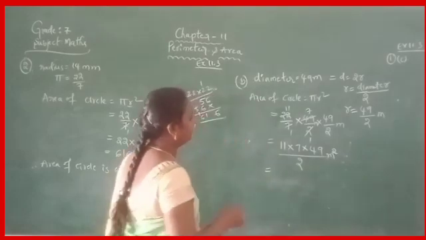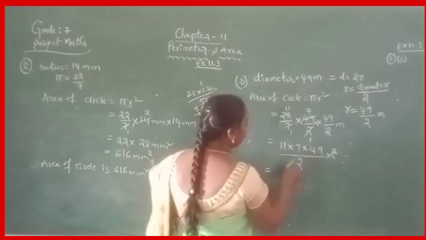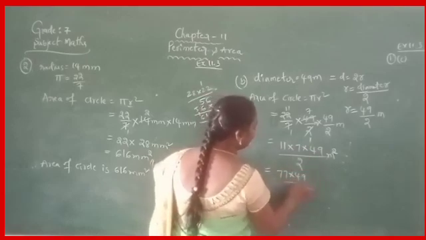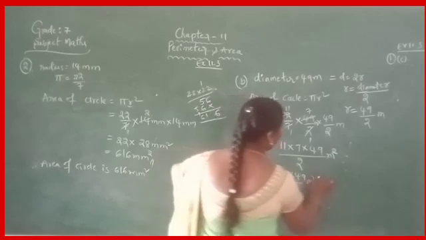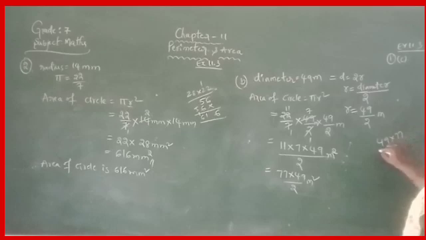Now 11 sevens are 77, into 49 by 2 meter square. Now multiply 49 into 77. 7 nines are 63, 7 fours are 28 plus 6 is 34, so we get 343.